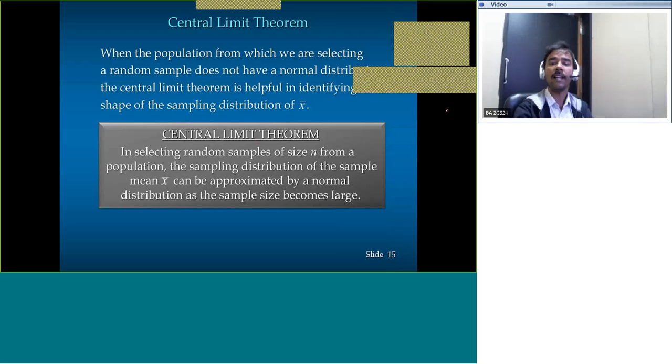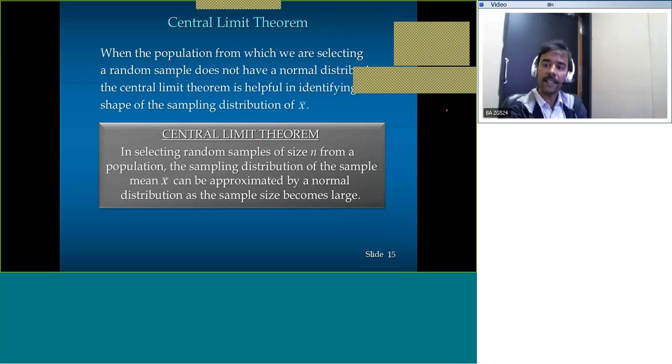So please understand the difference between the current slide and the previous slide. The current slide says that if the population follows any distribution, but the sample size is very large, then the sampling distribution of x bar follows a normal distribution.